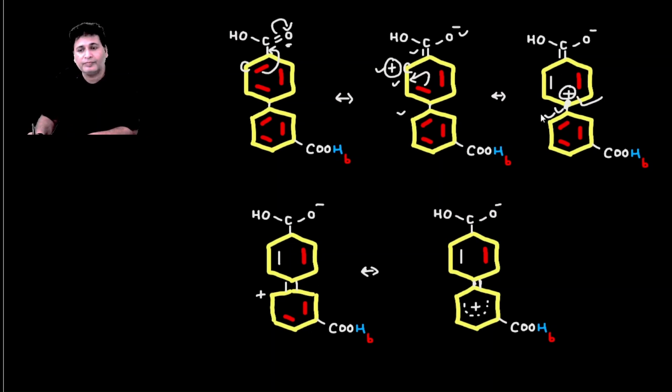single, double. So once you see this, then you find that this plus charge is in conjugation with this lower ring as well, plus, single, double. So for that resonance to happen, you have to shift these pi electrons like this, and once you do that, you will get this structure.